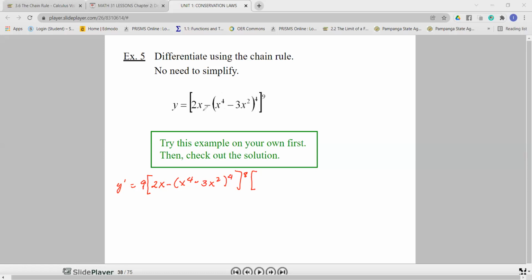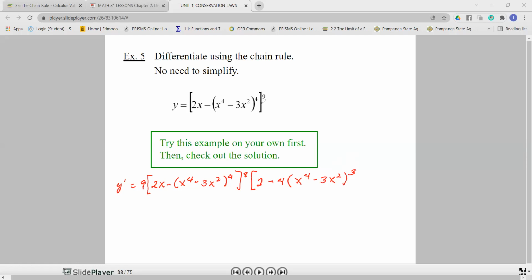Okay, so yung derivative ng 2x ay 2. Minus, ito na, derivative naman na nasa na ito. Okay, ang derivative ng buong yan, again, gagamit ka ulit ng chain rule kasi nga, quantity to the fourth yan. So, minus 4 x to the fourth minus 3x squared, 4 minus 1 ay 3.